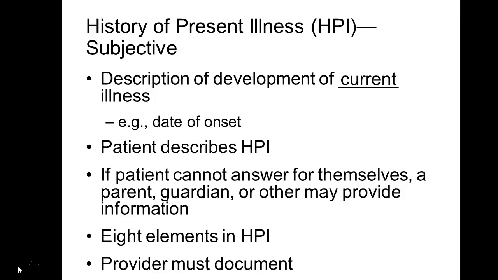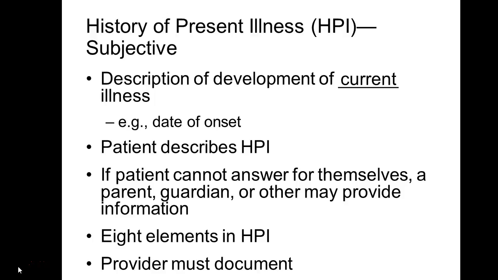Now again, the big thing is if the patient can't answer, you can have a parent or a guardian or somebody else. So for instance, if this is a small child, it's probably going to be a parent or guardian, but this could also be someone elderly. This could be their child or their grandchild. So we also must keep that in mind.